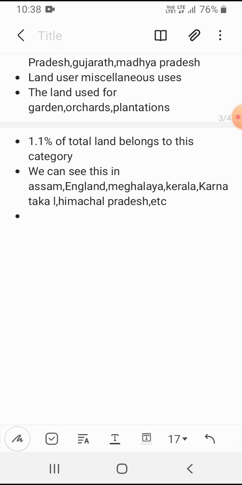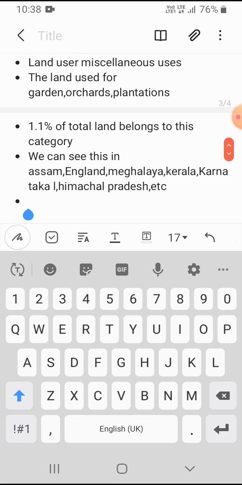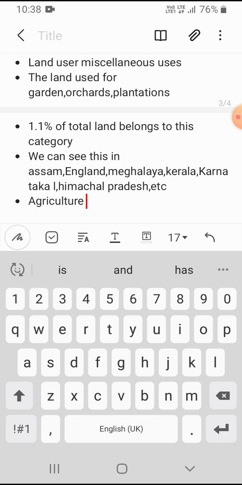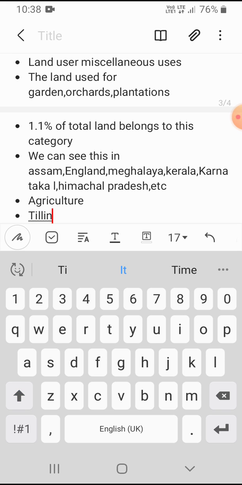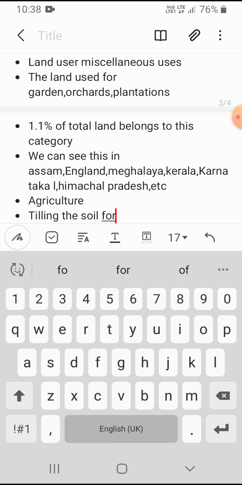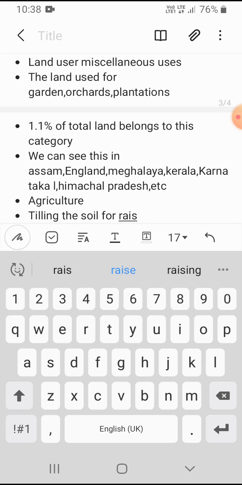So next is agriculture. Let's come to the agriculture topic. So meaning of agriculture, as you all know, tilling the soil for raising food or raising crops.